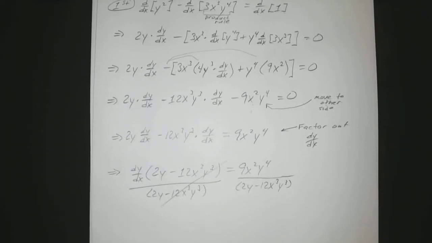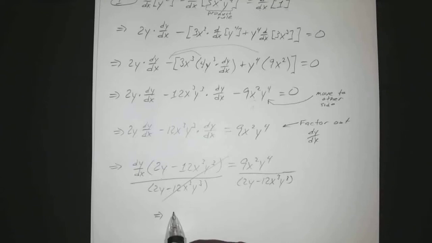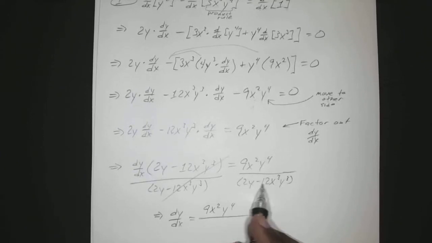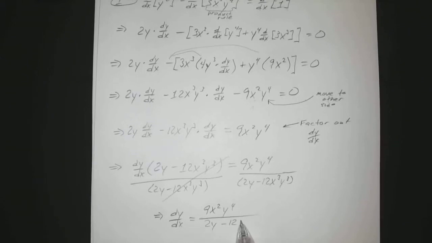These two cancel out. So your dy/dx equals 9x squared y to the fourth, over 2y minus 12x to the third y to the third. If you want, you can factor out a 2. You don't have to.